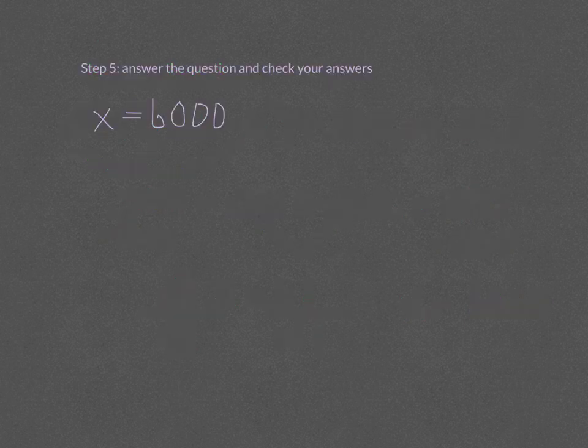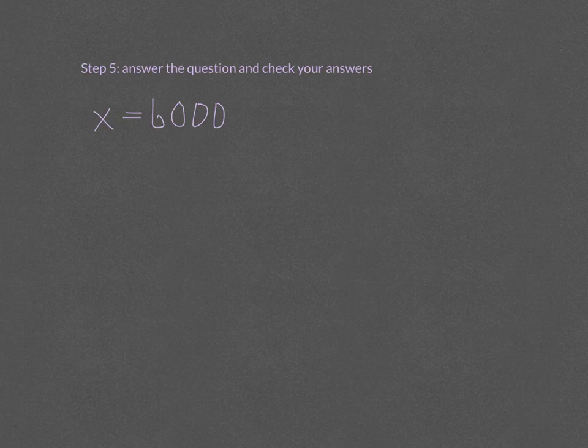Alright, so in the last step, we solved our equation and we got x was $6,000. But that doesn't answer our question. If you remember back to the original problem, the question they were asking us was, how much was invested in each rate?